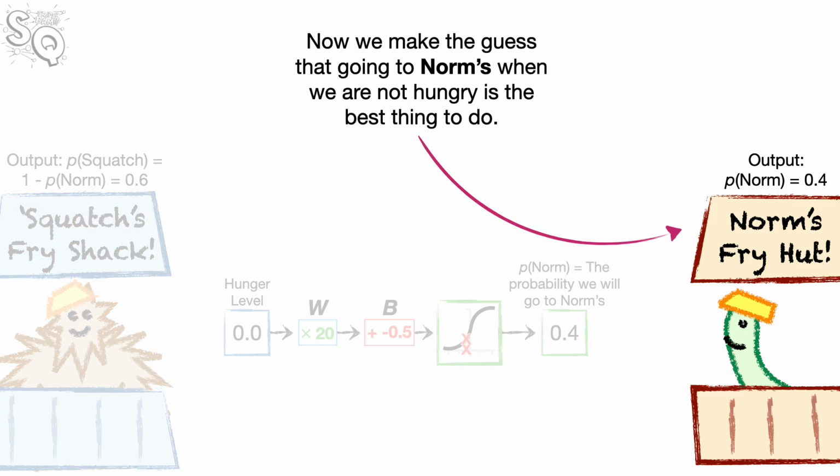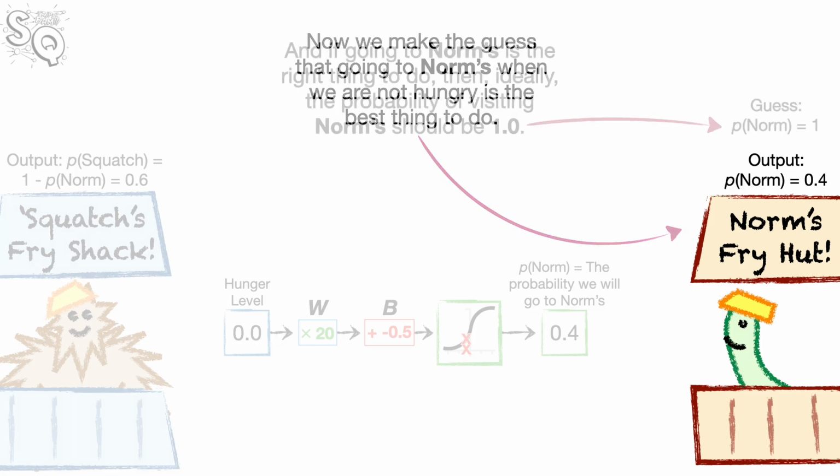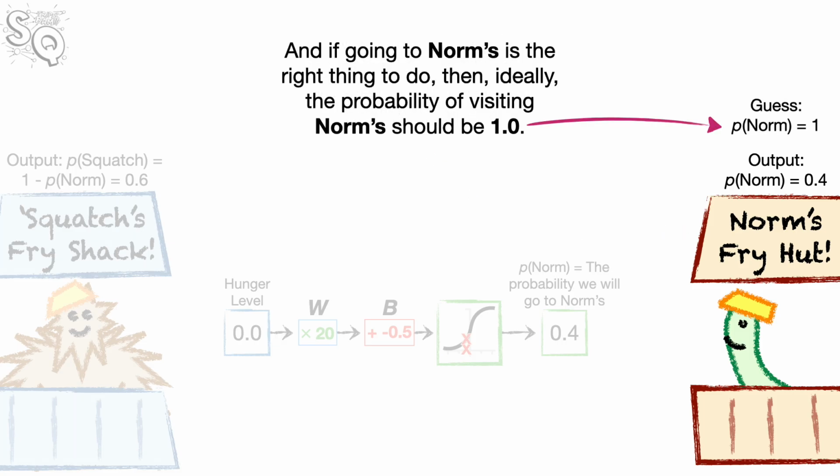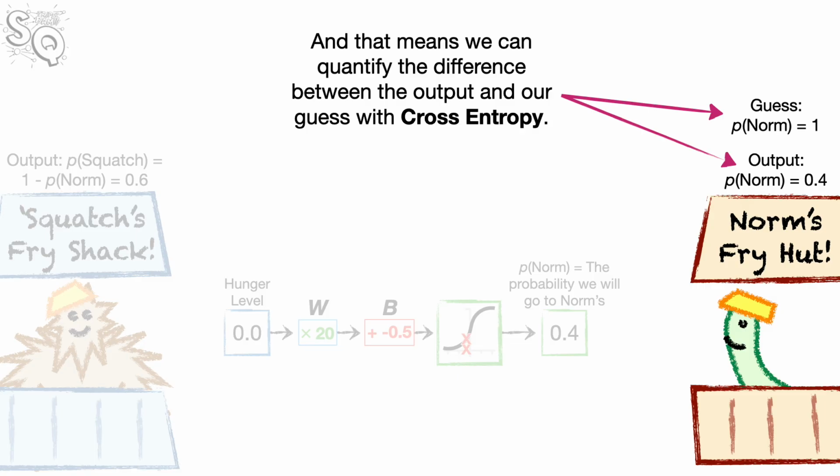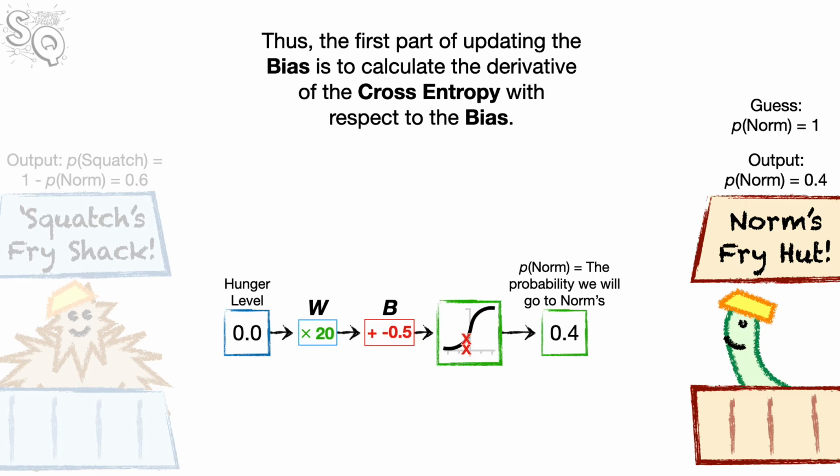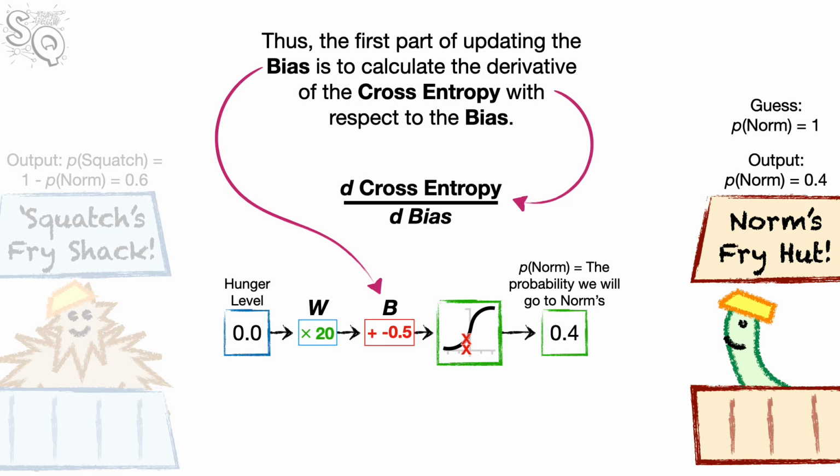Now we make the guess that going to Norm's when we are not hungry is the best thing to do. And if going to Norm's is the right thing to do, then, ideally, the probability of visiting Norm's should be 1.0. And that means we can quantify the difference between the output and our guess with cross-entropy. Thus, the first part of updating the bias is to calculate the derivative of the cross-entropy with respect to the bias.